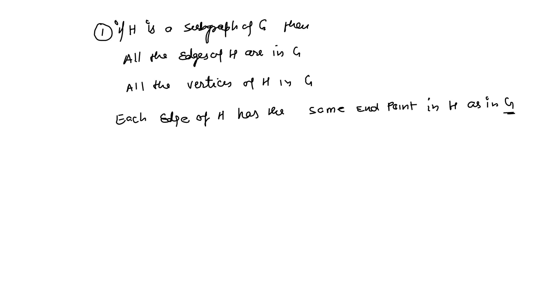So if H is any subgraph of G, all the edges of H are also edges of G, all the vertices of H are also in G, and each edge of H has the same endpoints in H as in G.